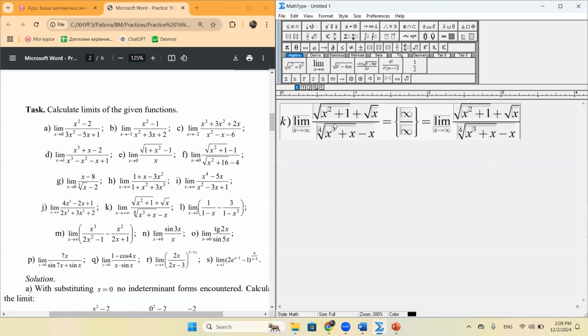So here I will move the greatest power out of brackets, and the greatest power is 1.